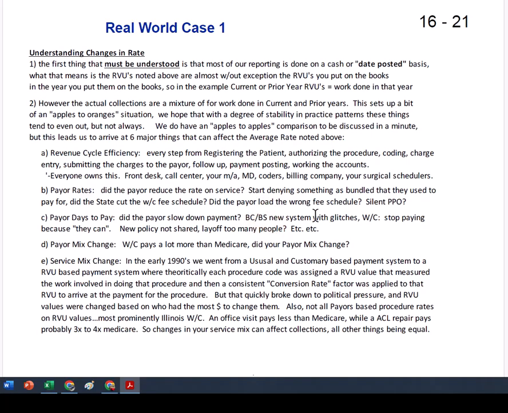We had a Blue Cross system issue we'll talk about in a second. Workers' comp, I think I talked about in the earlier lecture. I had to go to the legislature twice and testify and lobby. And we talked about payer mix, service mix. Are you doing less total joints, more knee scopes, et cetera, et cetera?